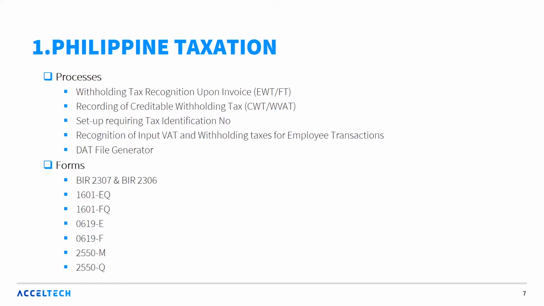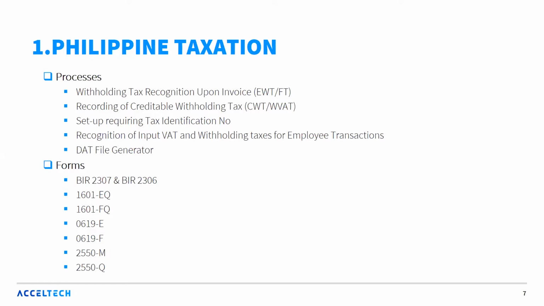And given that parameter, in order for us to recognize withholding tax in Acumatica upon invoice, what we actually do is a workaround. We need to add an additional document line in the bills and adjustment document, and we have to put a negative amount in order for us to capture or to record the withholding tax payable entry in the general ledger transactions.